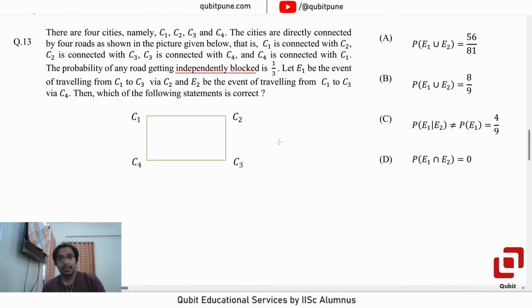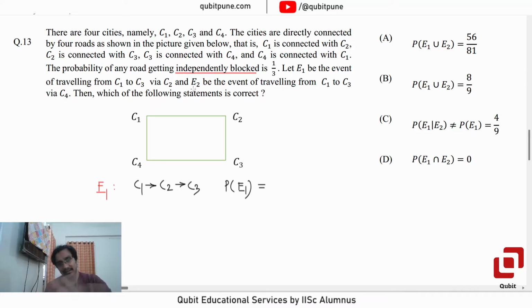Look, there are two ways in which we can go from C1 to C3. One is C1 to C2 to C3, and that is the event E1. In event E1, we can travel from C1 to C2 to C3. So clearly, to find the probability of E1, we have to first find the probability of the road C1 to C2 not being blocked.